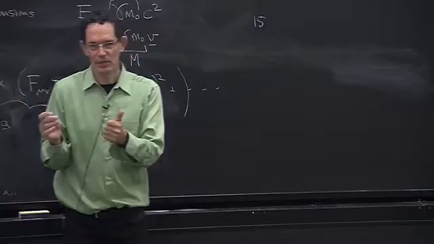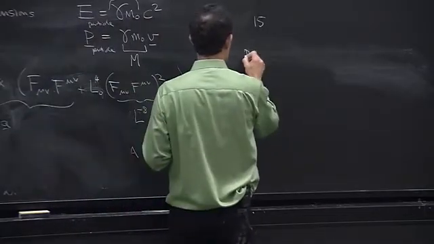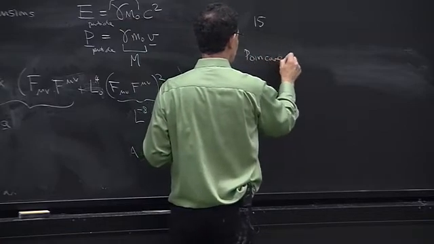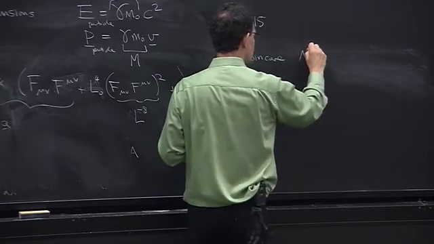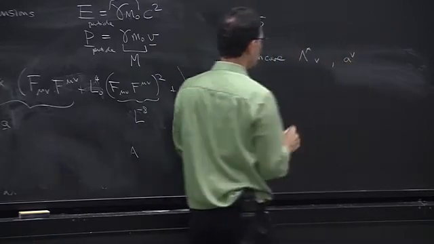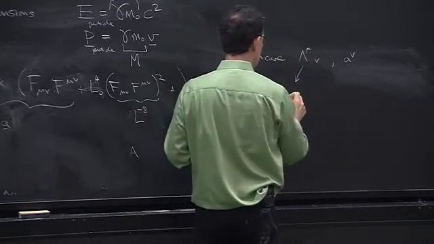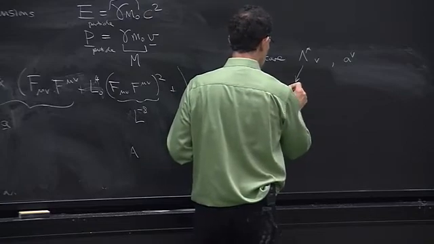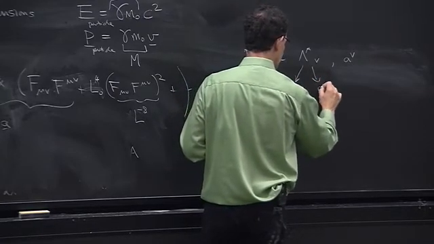Well, the answer is that, let's see, 4 translations. So let's do Poincare, it's a little bit easier. We have 10 generators. We have the lambdas. We have the translations. Okay, so 6 and 4. These correspond to boosts, which there are 3, and rotations.